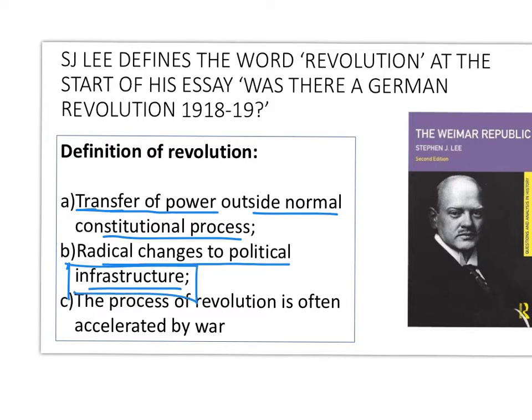So it's not just the top level, not just a change in the cabinet in terms of different political parties running the country. It brings about a significant change in the way in which the country is being run, for example with regards to the civil service and the educational system.